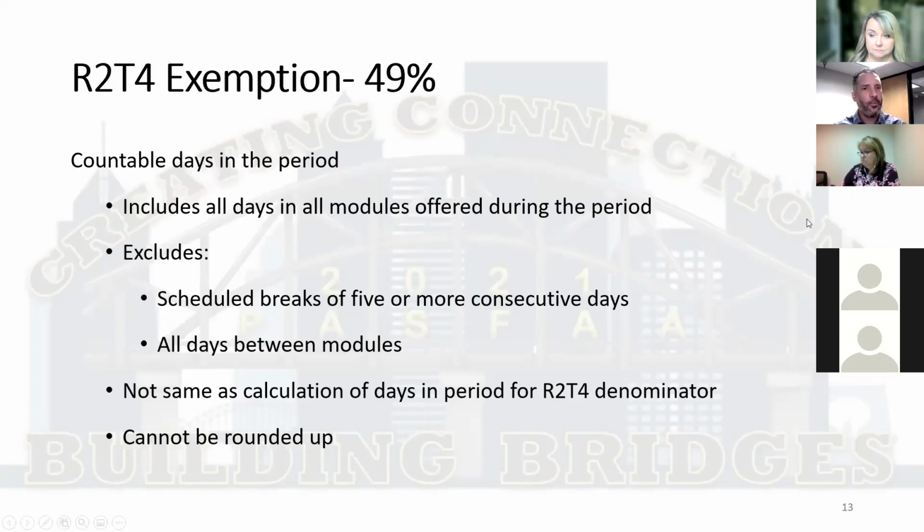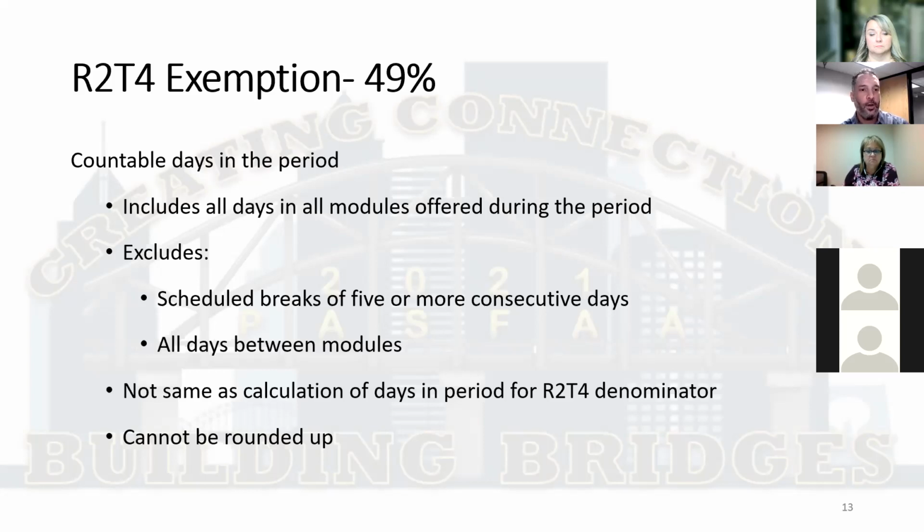So what are accountable days? It includes all days in the month during the period. What do we exclude? We exclude breaks of 5 or more consecutive days, very similar to the return of Title IV. However, there's one other break we have to exclude: the days between mods.